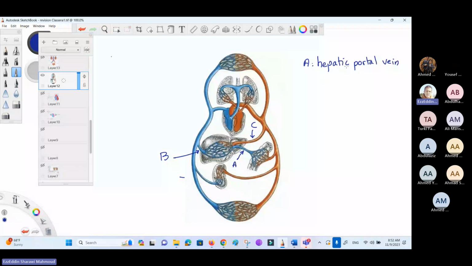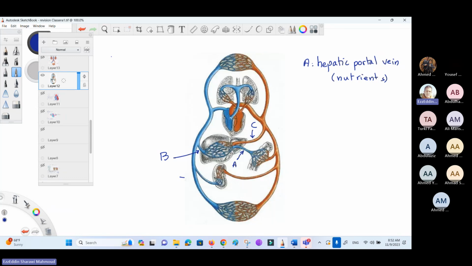It's very rich with nutrients: glucose, amino acids, and others. So before going to the heart directly through the vena cava vein, it must go to another important organ, which is called the liver.